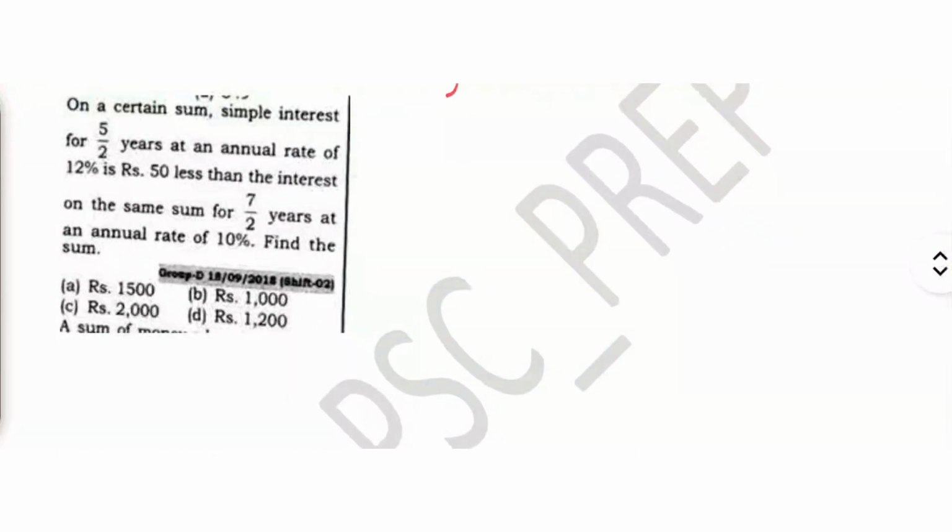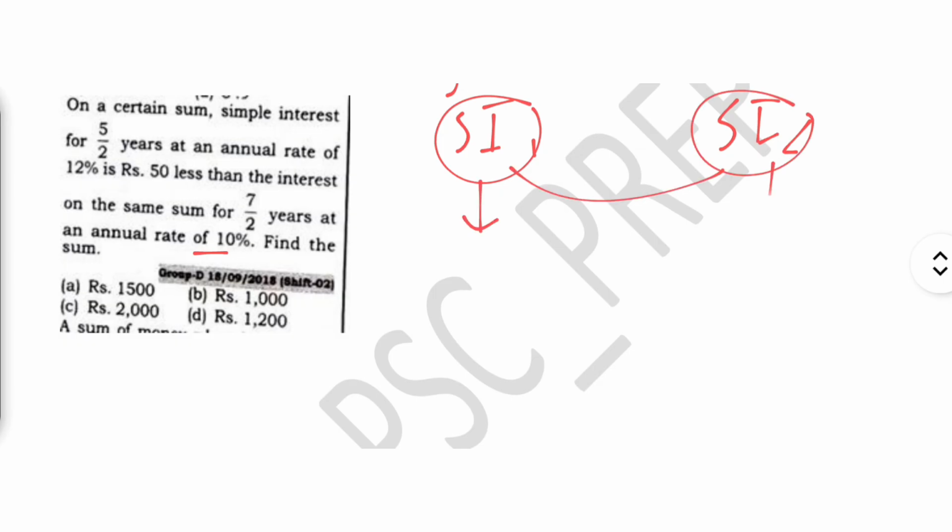On a certain sum, simple interest for 5 by 2 years at an annual rate of 12% is rupees 50 less than the interest on the same sum for 7 by 2 years at an annual rate of 10%. That means simple interest for this one and simple interest for this two. So this simple interest will be less than this simple interest. Let us find the simple interest for both. 5 by 2 into 12: 2 6s are 12, this is 30%.